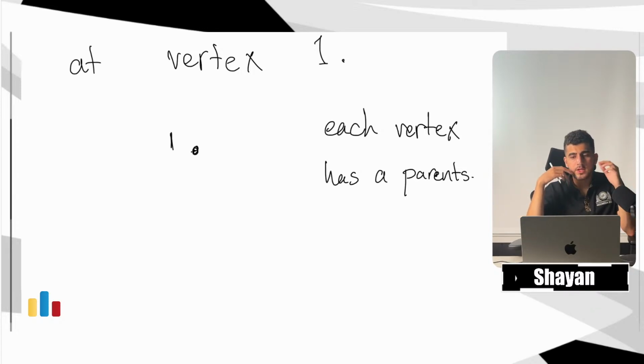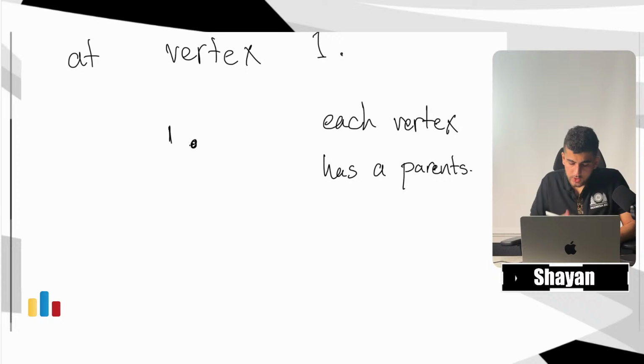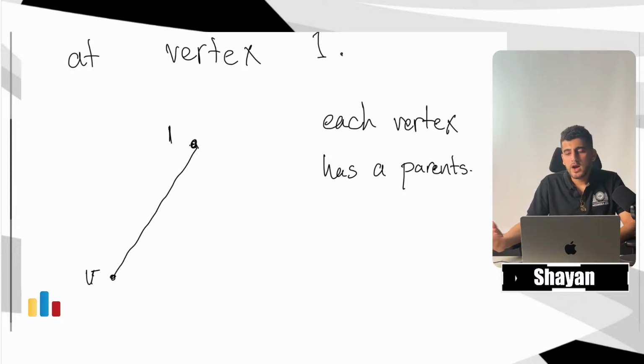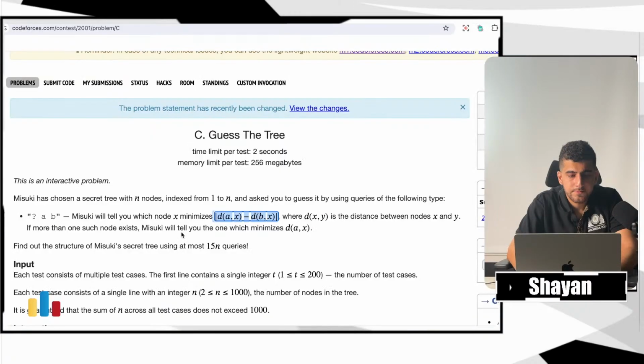So the point is that if you find the parent of each vertex, you're going to know what your tree is. So what you can do is to find for each vertex, like vertex V, what is the parent of vertex V. How can I do that? Well, this is when this 15 comes into place.